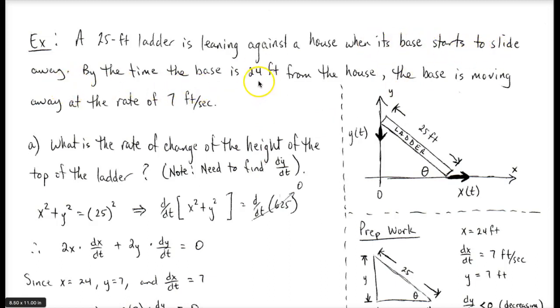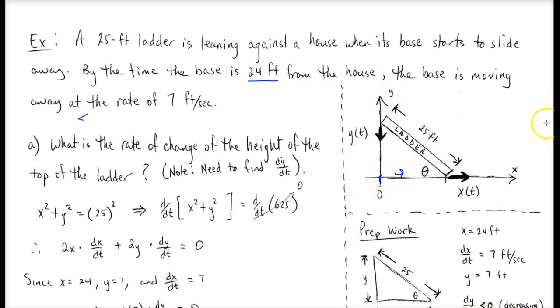By the time the base is 24 feet from the house, meaning the distance from here to here, the base is moving away, meaning that the speed at which the ladder is going in that direction is 7 feet per second.